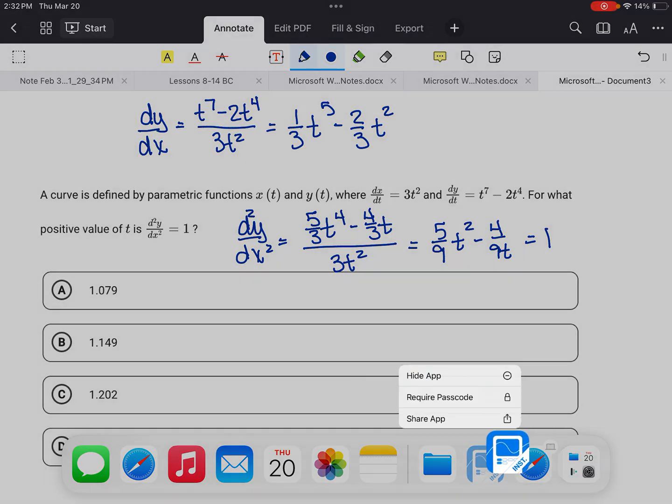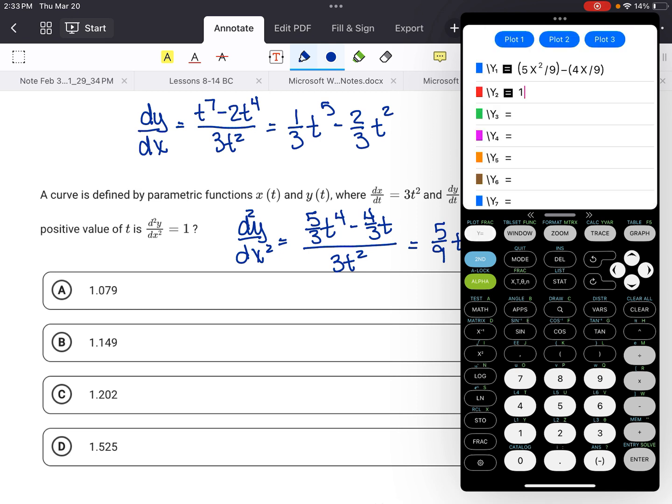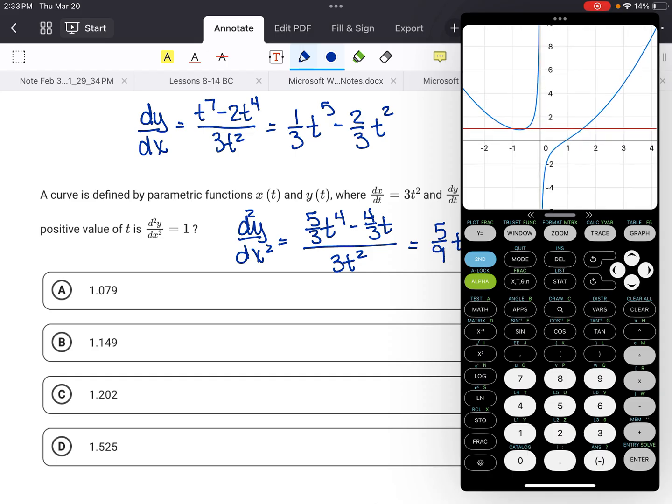So I can go to the calculator, and I typed this in wrong a second ago. I'm going to graph the derivative in y1, and I'm going to graph the line y equals 1 in y2, and I want to know where they intersect.